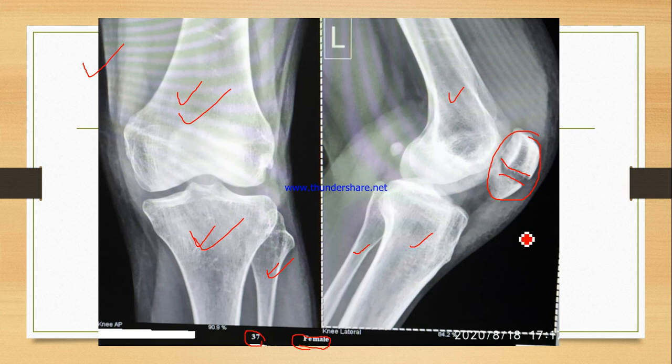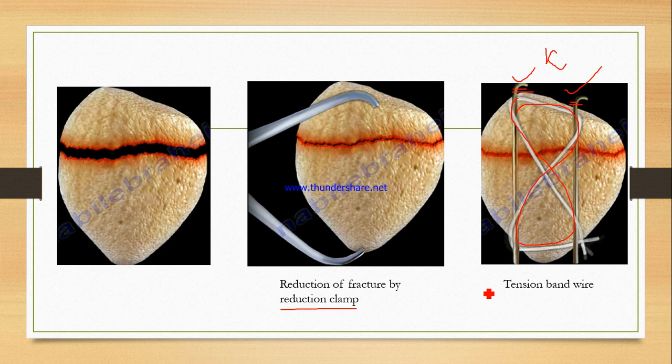So this is a transverse displaced patellar fracture. Here surgery is required. In this area the K wire is to be applied, and from that side the figure 8 tension band. It is the same way as we saw before.